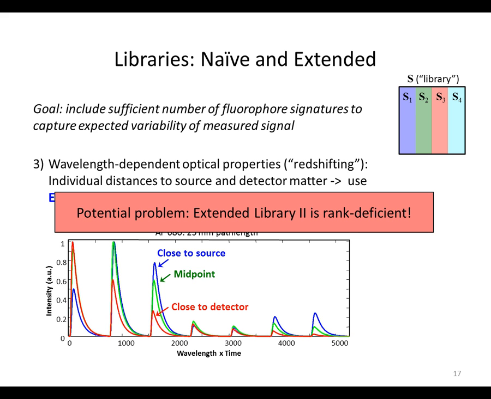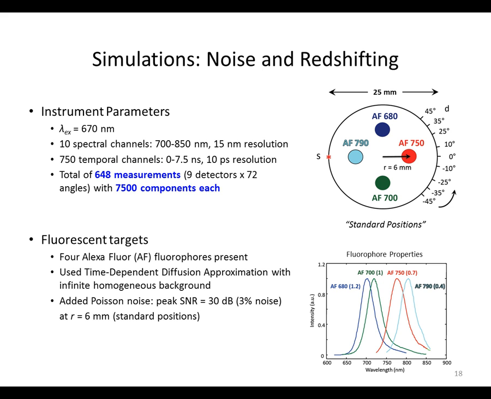So now you might think, well, if you want to use that non-negative least squares, you're going to have to regularize, which kind of defeats the purpose. But I'm going to show you that the algorithm as I've described it to you works, even if Extended Library 2 is rank deficient. And I will have a little bit more to say about that later, but first I want to get into how well this process works. So we did some simulations to get an idea of what we could expect from this algorithm.